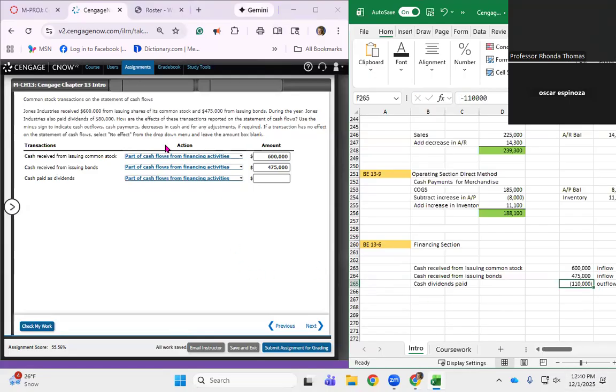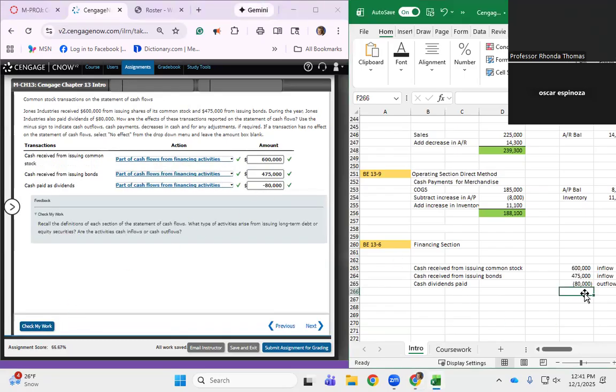Now, the dividends. It says they also paid, and that should say cash dividends, of $80,000. Okay, $80,000. So that's going to cause that financing section to go down because it was because of the shareholders and the stock outstanding that we paid those dividends to. But when we paid them out, that made our cash go down.